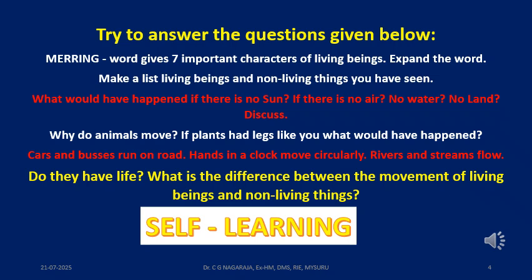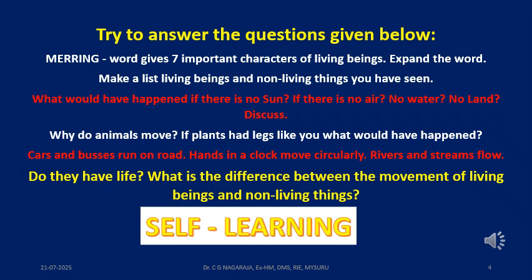Next, question 2. Make a list of living beings and non-living things you have seen in nature. Question 3. What would happen if there was no sun? What would happen if there was no air, no water, no land? I want you to discuss this. Next is, why do animals move? If plants had legs like you, what would have happened then?